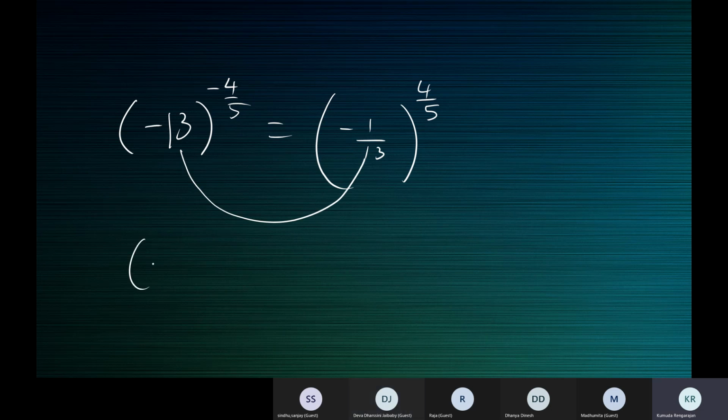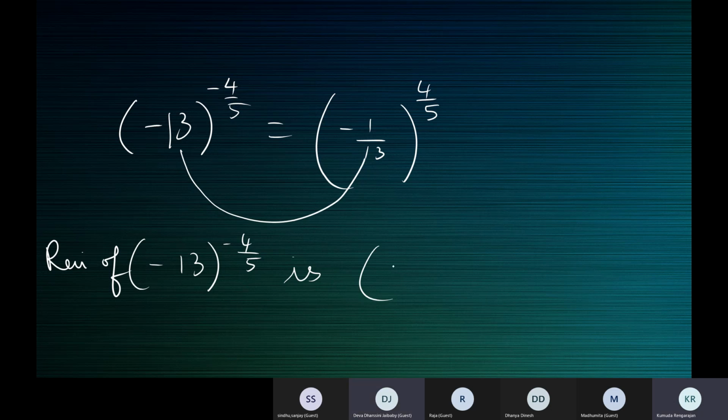Now, Devadarshini, make only one change. Minus 1 by 13. So you have taken the reciprocal of the base, right? Yes, ma'am. Then write the power as it is. Now you have written the reciprocal. You have not written the equivalent. They are not equal.